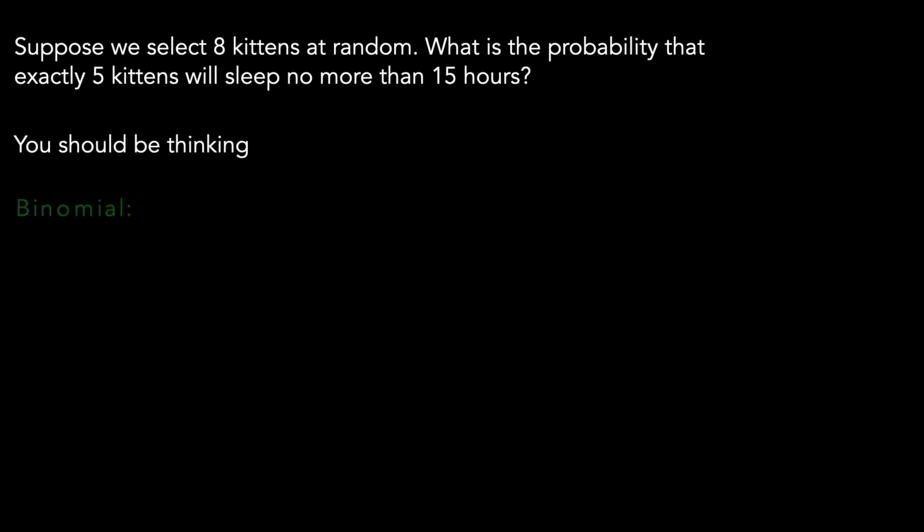We should be thinking binomial, and because we want the probability that exactly 5 kittens, we can either look it up in our table or we can use the formula.